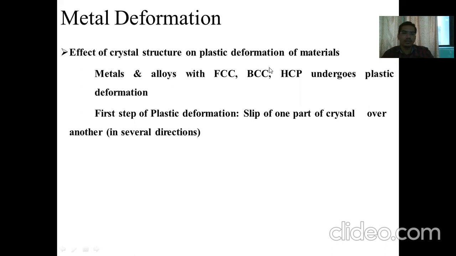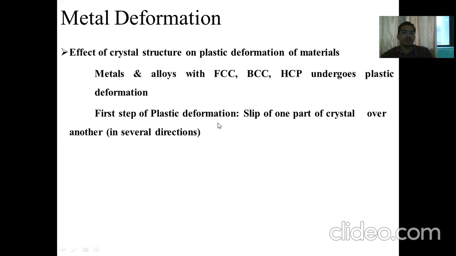Depending on that crystal structure, or crystallographic arrangement of the material, the material properties are going to change, and all the materials undergo plastic deformation. Means the metals and alloys with these structures always undergo plastic deformation.